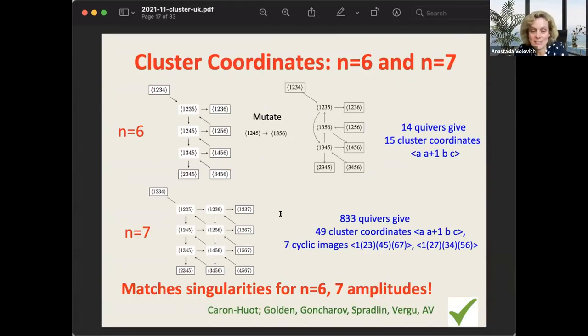And you look at different sets of cluster coordinates, and indeed you get the 49, which contains the Plücker coordinates and 7 cyclic images that I had in the previous page. Okay, so this was great. This is when we all got excited about cluster algebras in 2013, because this independent mathematical construction matches the singularities of 6 and 7 point amplitudes that were computed in physics.